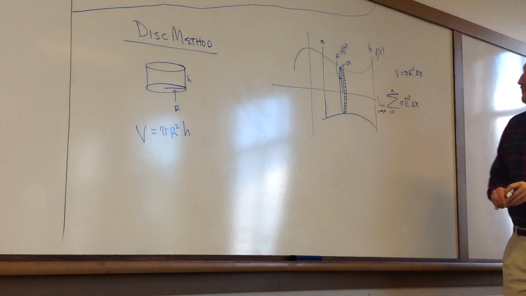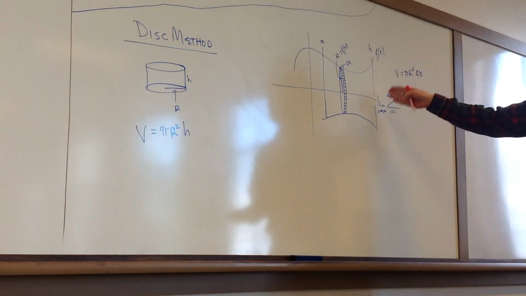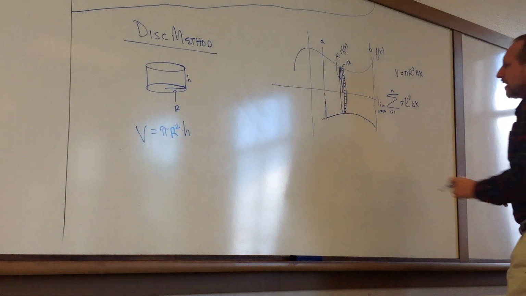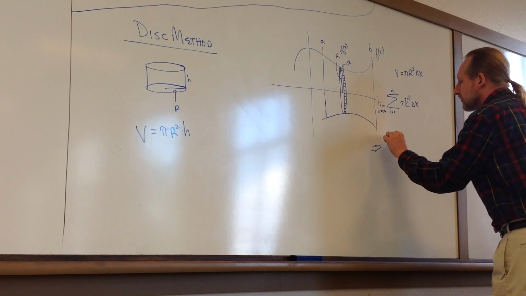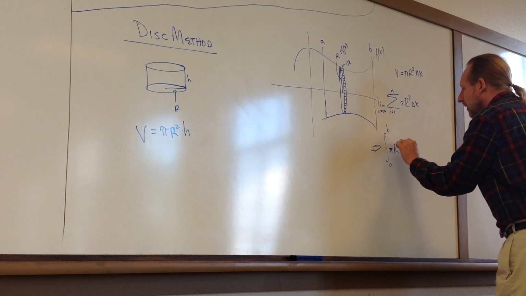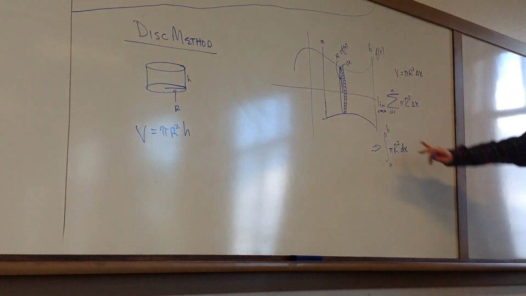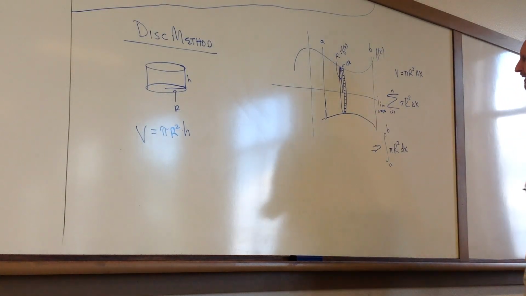This was the foundation for the area under a curve. When we take the limit of this sum, that's what creates an integral. So this is the integral from a to b of pi r squared, and then we change that delta x into a dx. So this is the formula for the disk method.